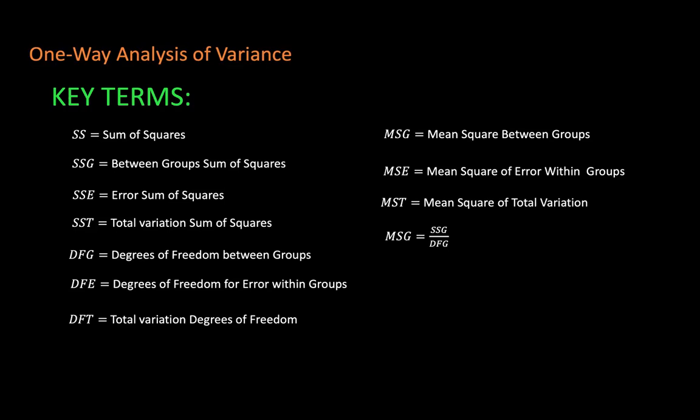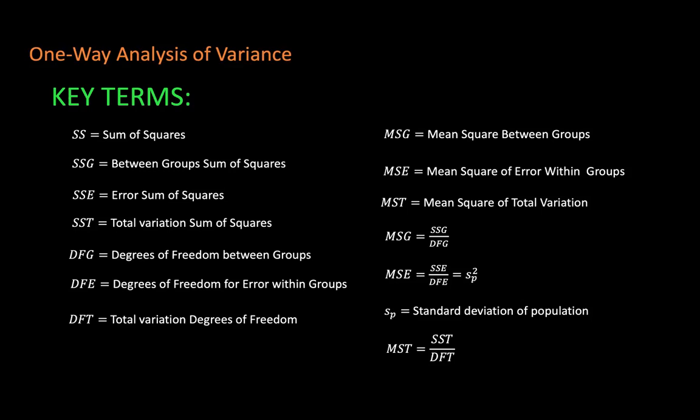MSG is SSG over DFG, which is the between group sum of squares over the degrees of freedom between groups. MSE is SSE over DFE, which is the error sum of squares over the degrees of freedom of error within groups, and that is equal to the pooled standard deviation squared, where sp is the standard deviation of the population.